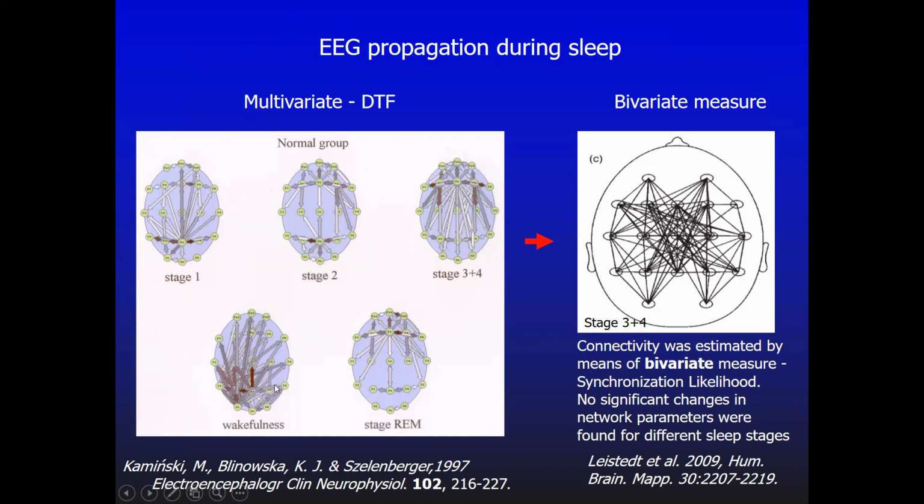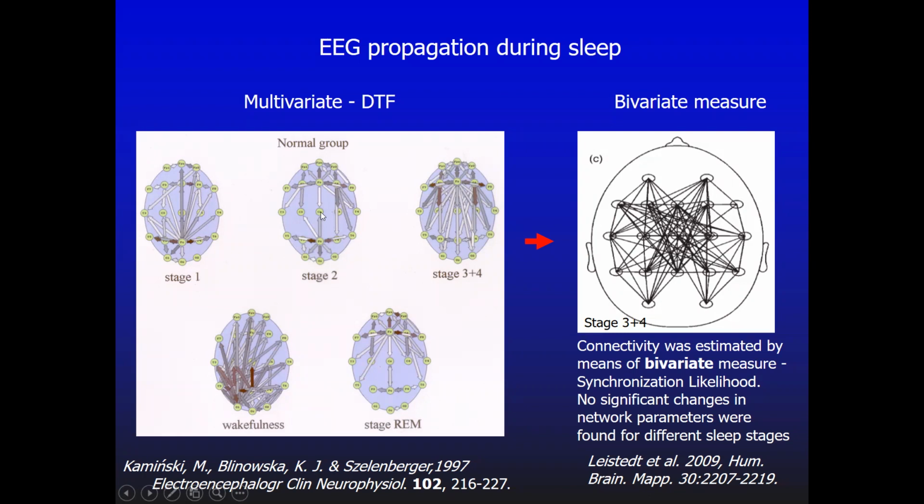Here we have, let's say, many arrows because it's averaged over 9 subjects, and some people have the sources more at the left, some more at the right hemisphere, some in the middle, so it looks like this. And then in stage 1, which is a light sleep, this picture becomes more organized.